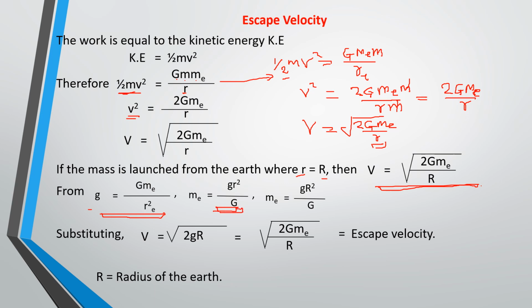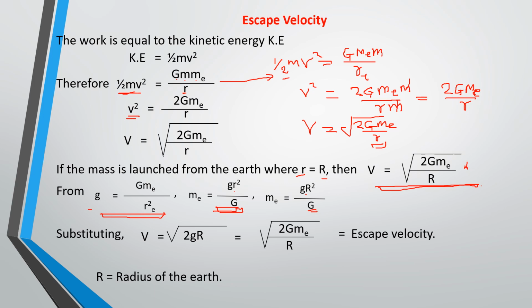You can recall that the mass of the Earth is given by the acceleration due to gravity multiplied by the square of the radius, all over G. So change this small r to capital R so that you have this. Now you can easily substitute that into this equation.